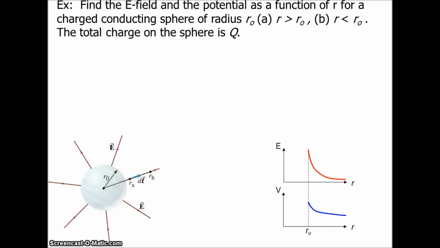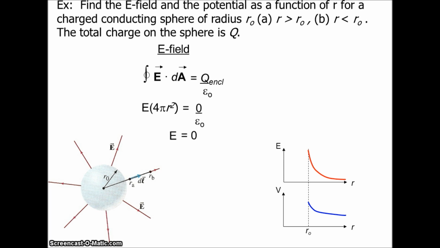Now let's look at inside the sphere. Inside the sphere there isn't any charge enclosed, so the E field is 0. Now the potential from the origin compared to R naught would be the negative integral from 0 to R naught of E dot dl.